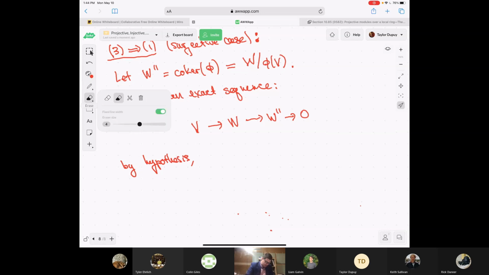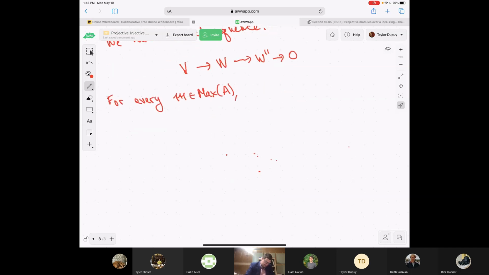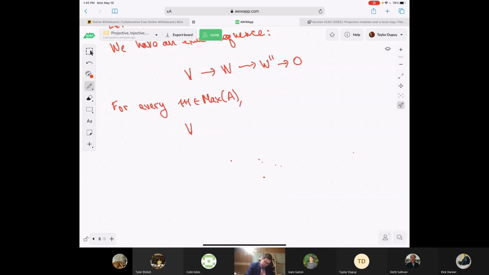So we have this exact sequence, and now we localize the exact sequence. This is by properties of localization. For every maximal ideal, we localize. So we have V here, W here, W prime prime here, and this is 0 still.